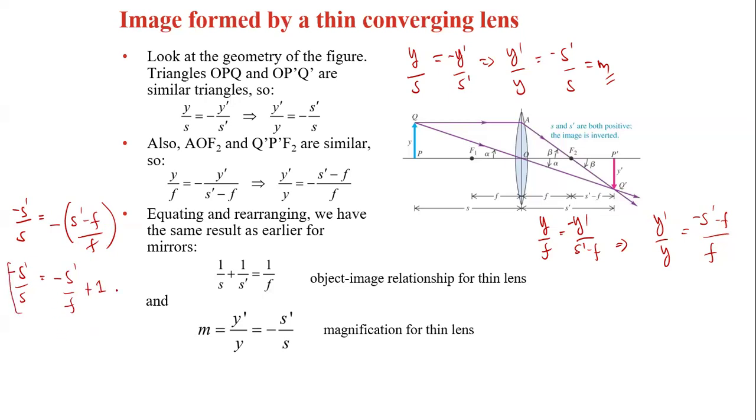If we multiply this by 1 over s prime, it becomes negative 1 over s equals negative 1 over f plus 1 over s prime. If you put that one to the other side, we will have 1 over s plus 1 over s prime equals 1 over f. This is the object distance plus the image distance relationship, the object-image relationship for the thin lens.